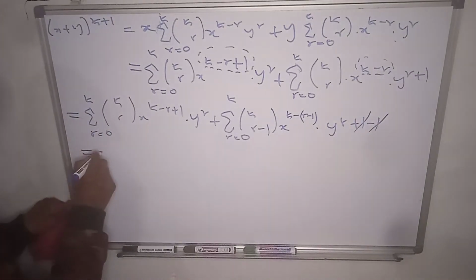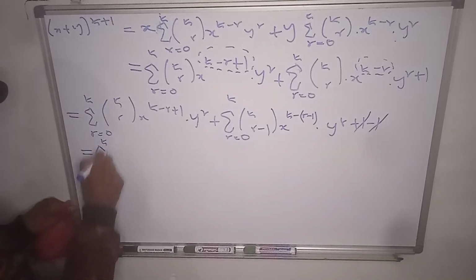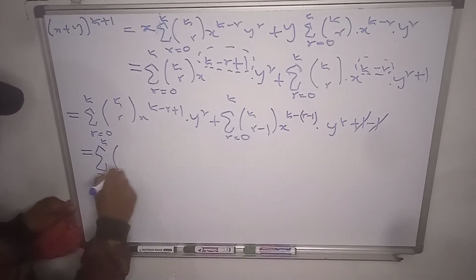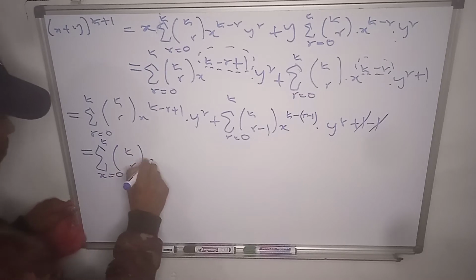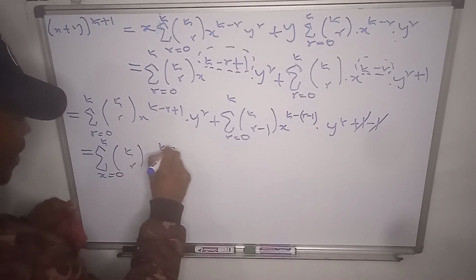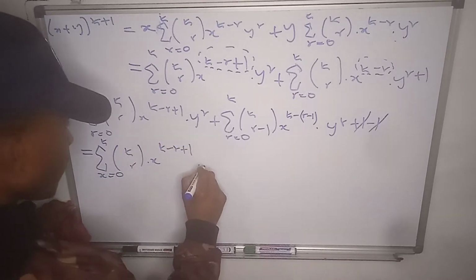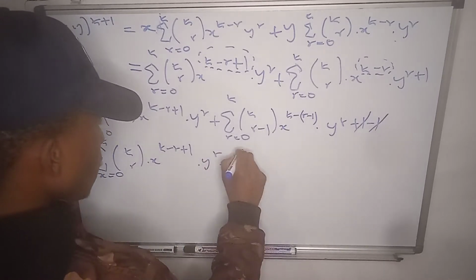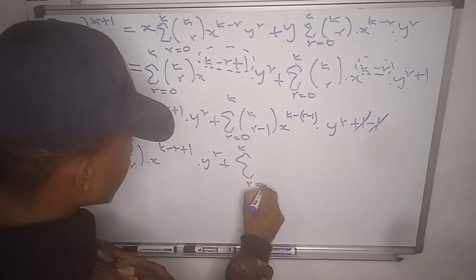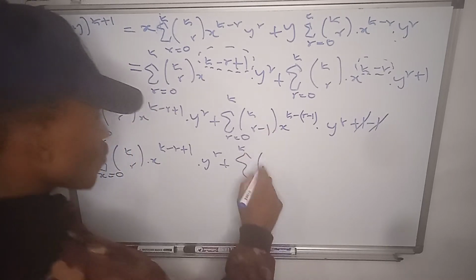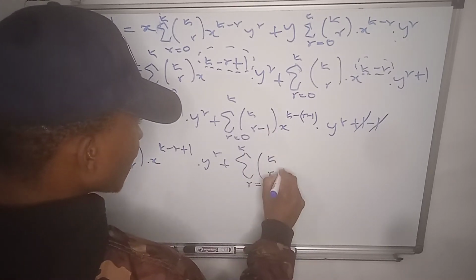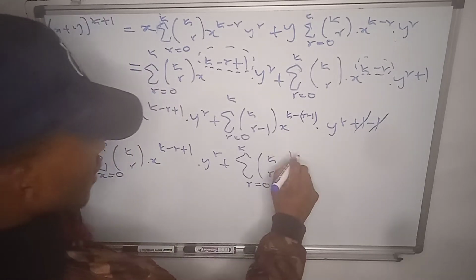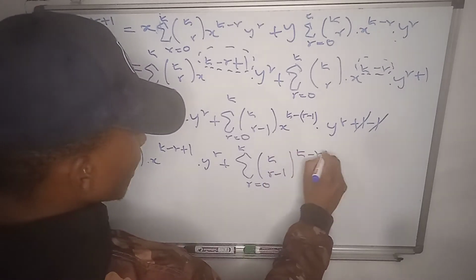Then I'll be left with the summation of r equals 0 to k, k combination r times x^(k-r+1) multiplied by y^r, plus the summation of r equals 0 to k. This will be k combination r minus 1, and then this will be the same as x^(k-r+1).